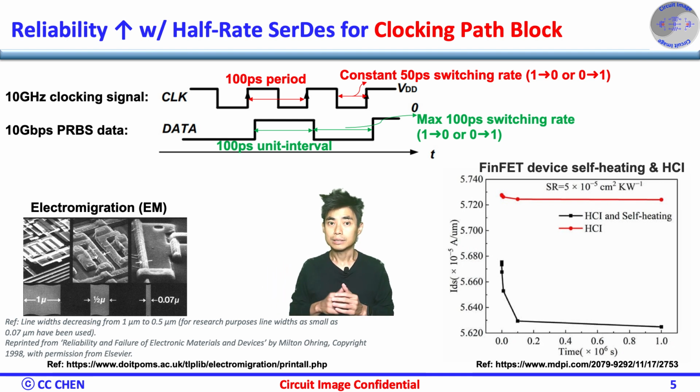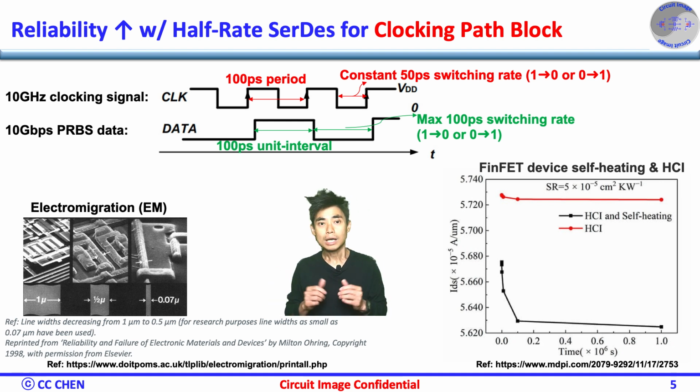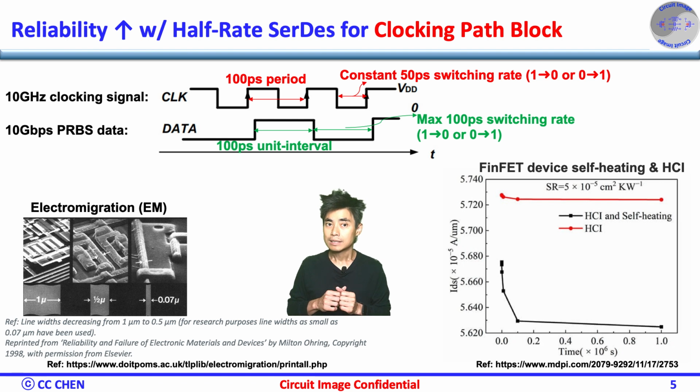The metal routing would help reduce the parasitic loss and make the transition time between 1 and 0 much faster, and lead to more reliable HCI, hot carrier injection, for the devices in the clock path.